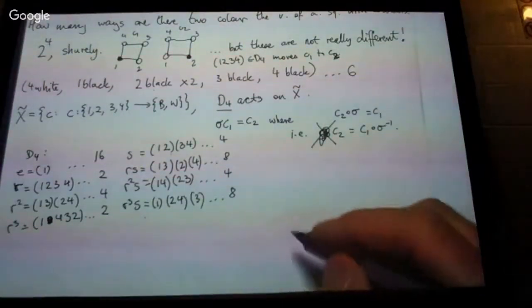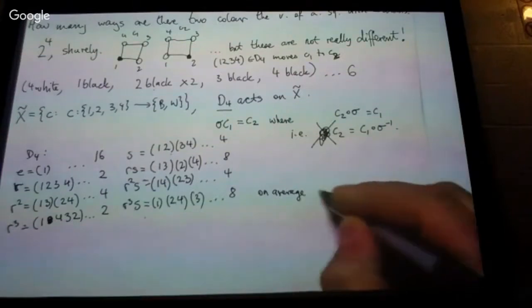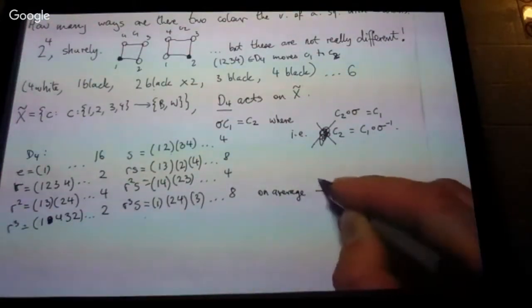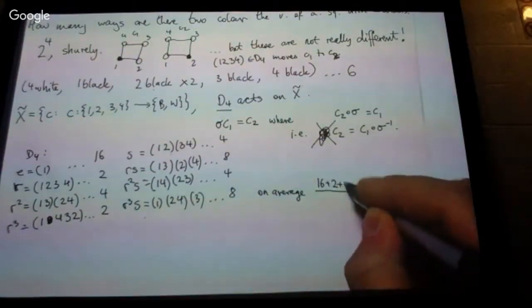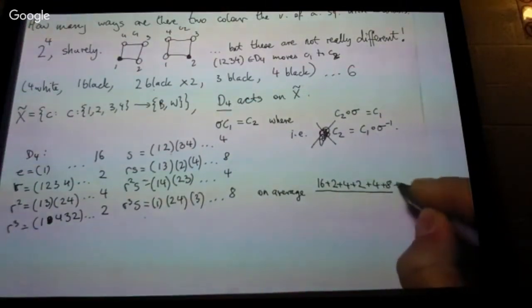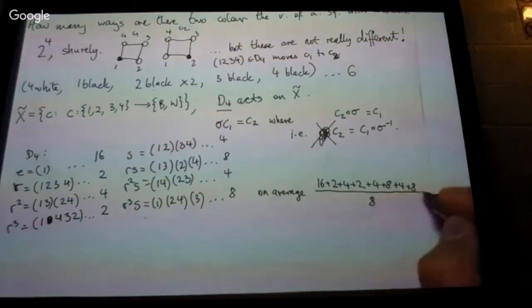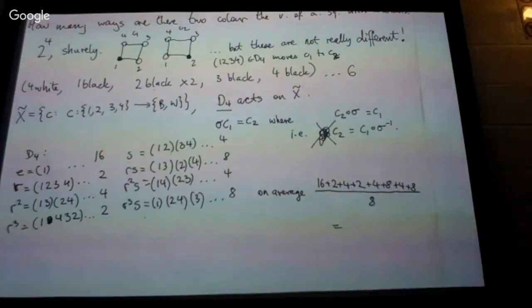On average, 24, why is that? 24, 48. Because there's two options for each one. There's two options for what the vertex labels want. There's 2 and 4, and then 3, two options.